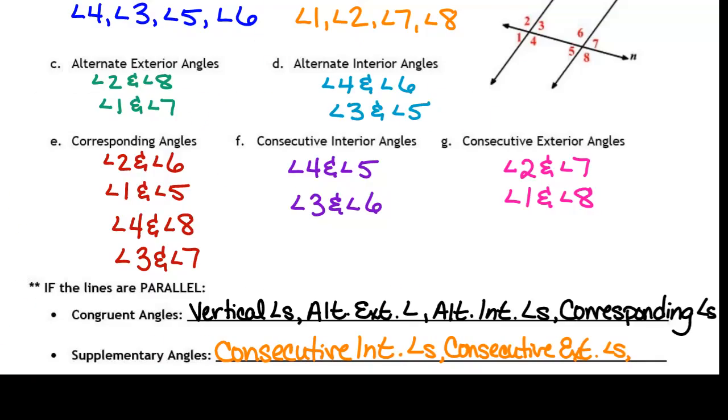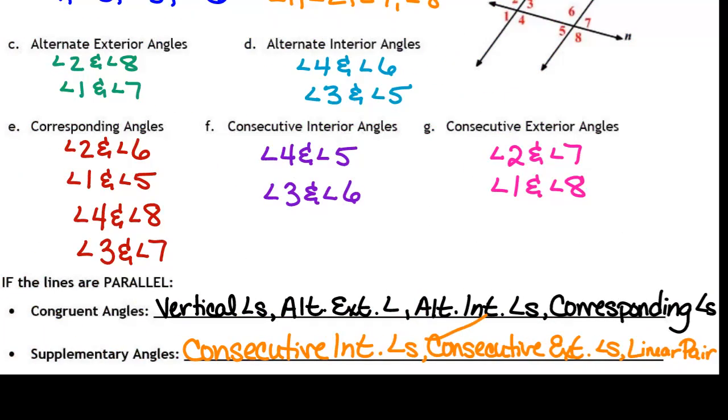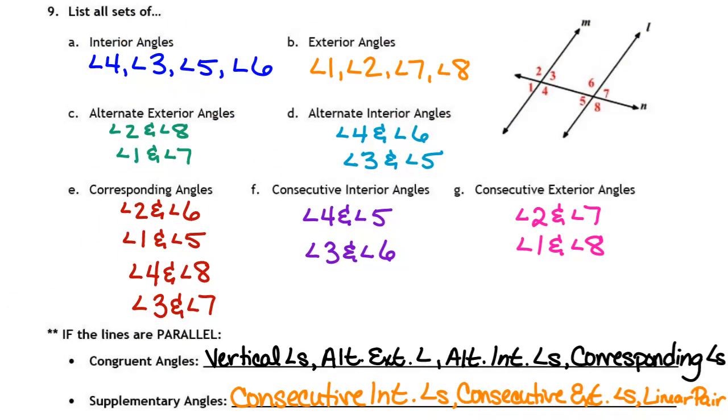And there's one more. And this one doesn't matter if the lines are parallel or not. Linear pair, yes. Squeeze that in at the end. So my consecutive interior, consecutive exterior, and linear pairs are the ones that are supplementary.